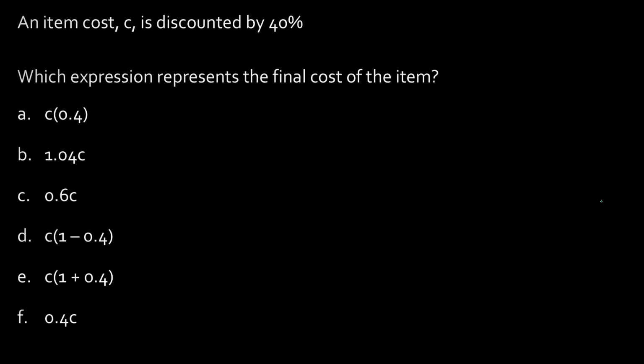So it says an item C is discounted by 40%, and I want to know which expressions represent the final cost of this item. Well, if my item is discounted, right, a discount is money being taken off, so that is a decrease, which means I want to do 1 minus my percent as a decimal.